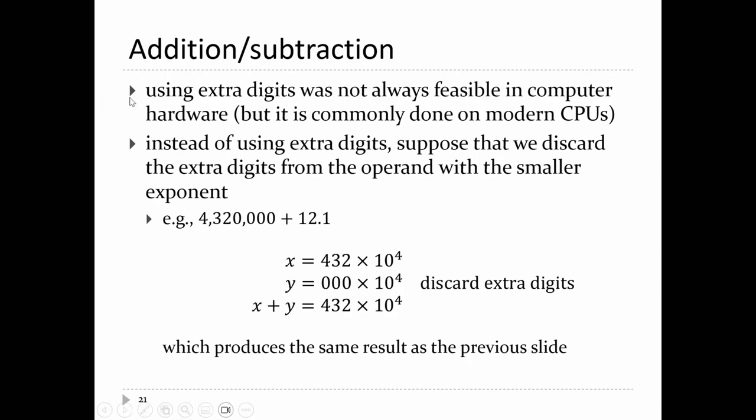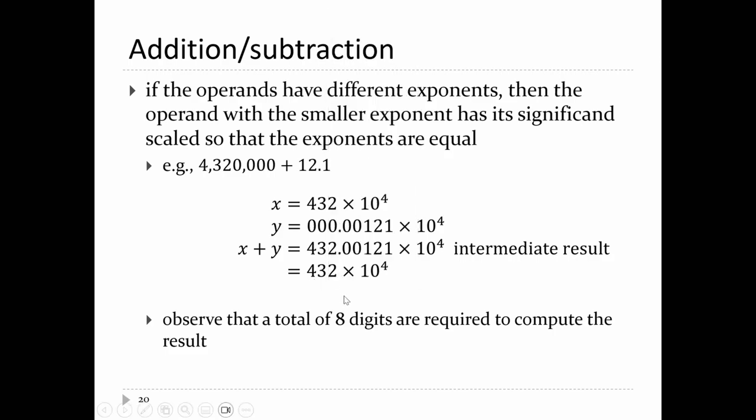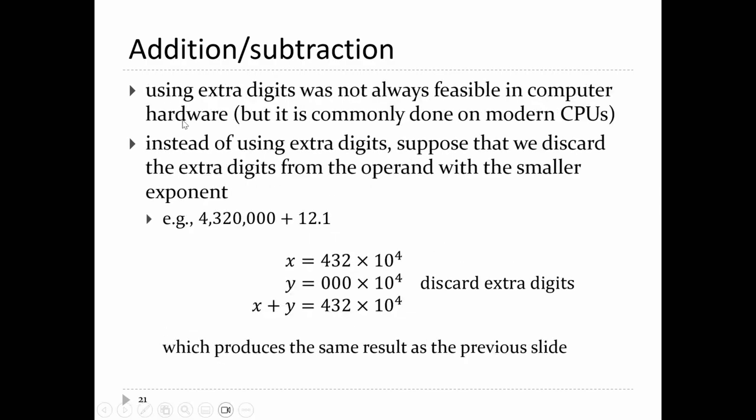It wouldn't actually help in this case. It doesn't matter how many extra digits I have here, I'm always going to end up with 432 times 10 to the 4 when I convert it back to our floating point format. But you can imagine there might be situations where if you had an extra digit in the intermediate result, you might be able to get a better final result.